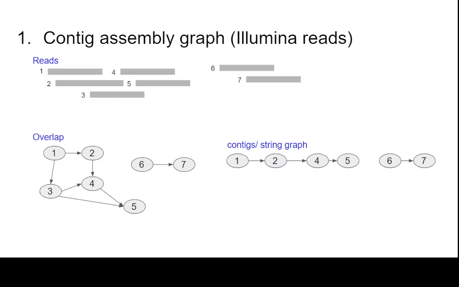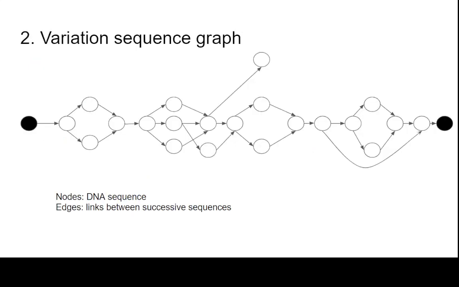So the aim is to get a series of bubbles and phase these bubble chains. We observe graphs like this, and you see these special structures in the graph. Those are known as bubbles, which have a common start and end node, and these represent the haplotype variations.